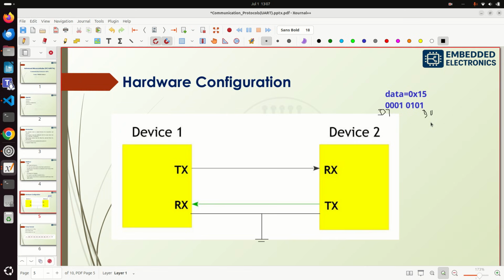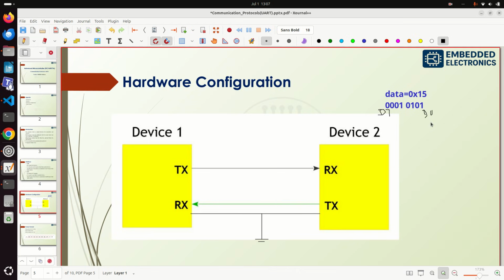Device 1 wants to transmit some data to device 2. UART is a serial communication protocol. In serial communication, how does communication happen? Bit by bit. First we communicate D0, then D1, then D2, like this. It will keep transmitting data.